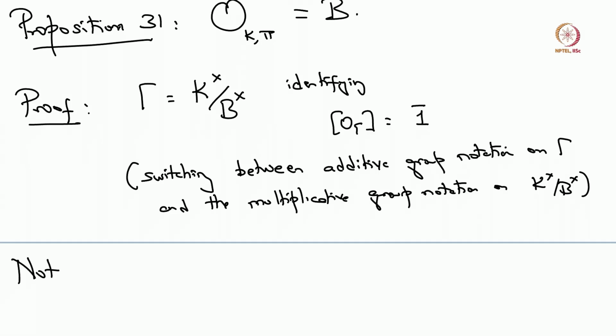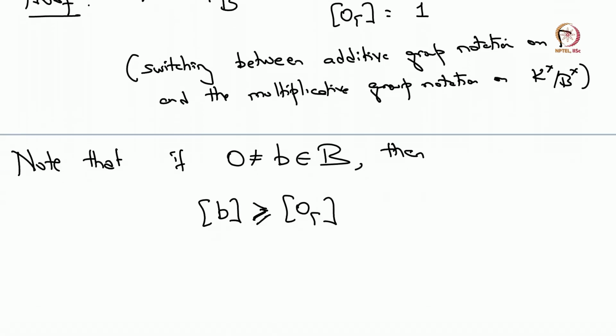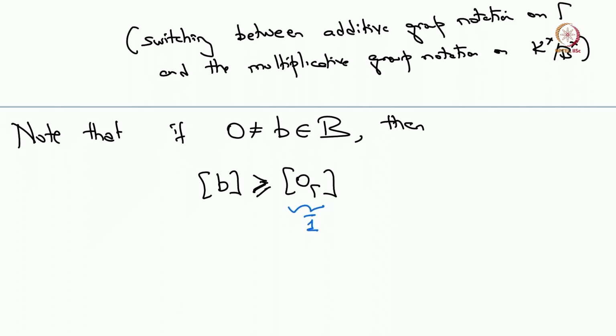Okay, so note that if you have an element of B, let's call it little b that's not 0, then its valuation is larger than or equal to the valuation of this identity element of gamma, which was this element 1 bar. So let me just call 0 gamma as 1.